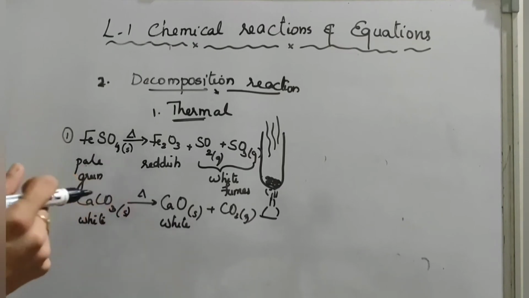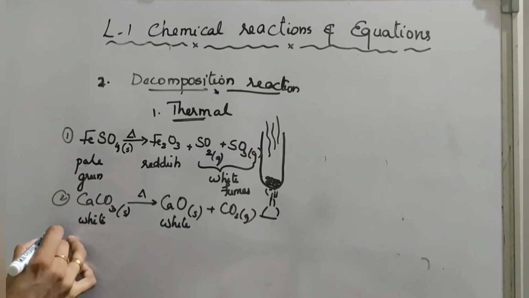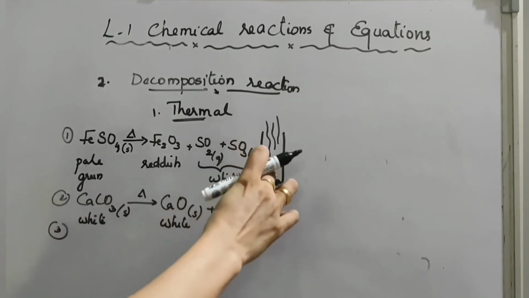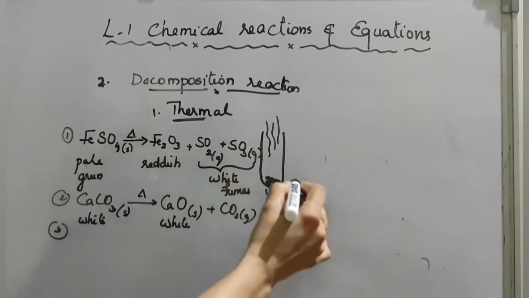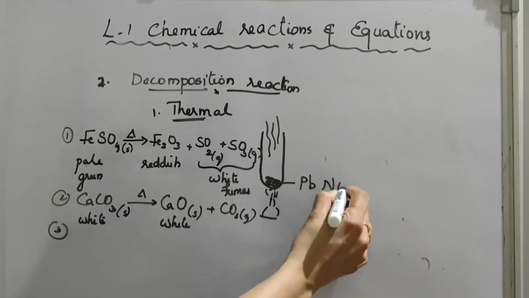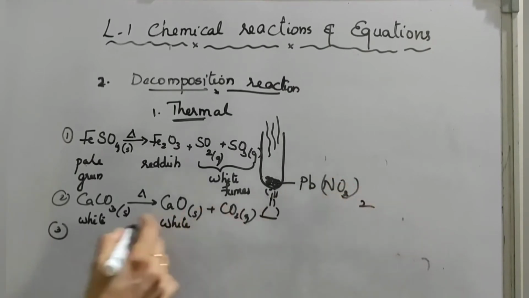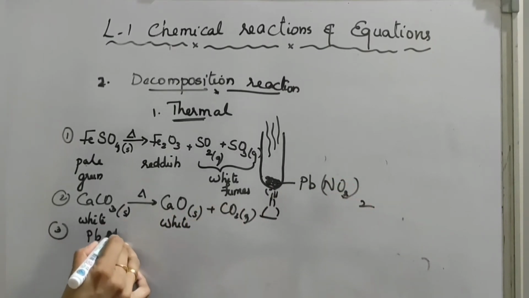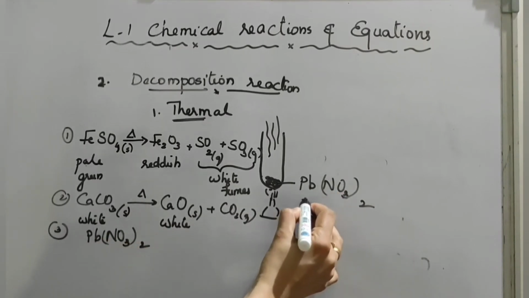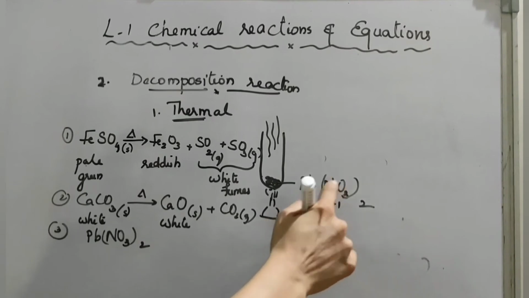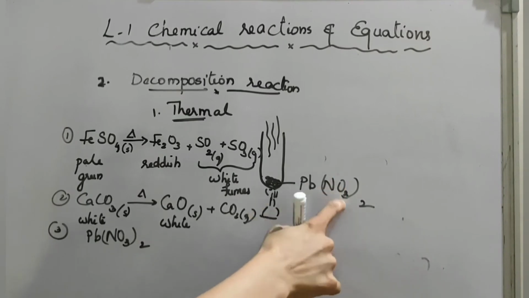And the third reaction, same, you take a dry test tube, add lead nitrate. Instead of ferrous sulfate, we have to add lead nitrate. The color of the lead nitrate is white. Why Pb(NO3)2, NO3 twice? Because lead is in the +2 ionic state, nitrate is -1, cross multiply, Pb(NO3)2.